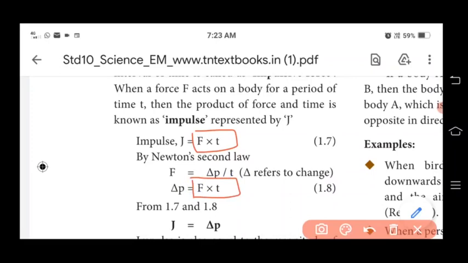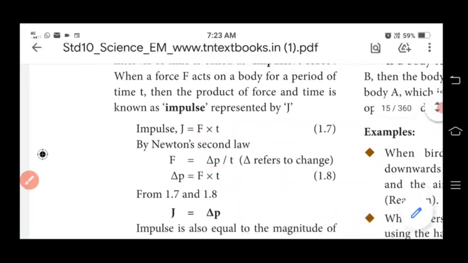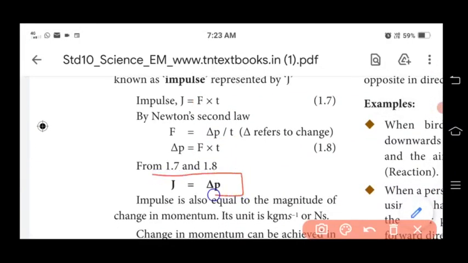So from equations 1.7 and 1.8, we get J equals delta P, because in the left side of the first equation we have J and in the second we have delta P. So from 1.7 and 1.8, we get the new equation J equals delta P.